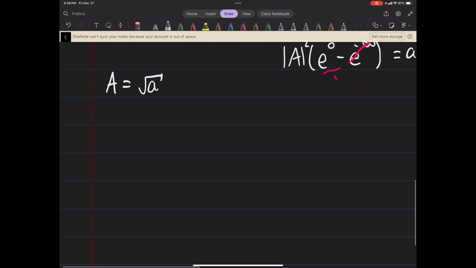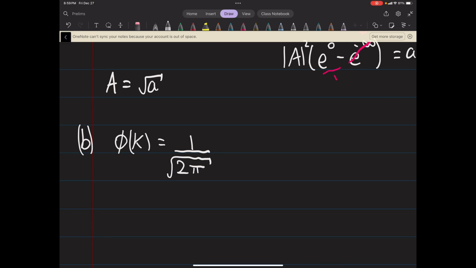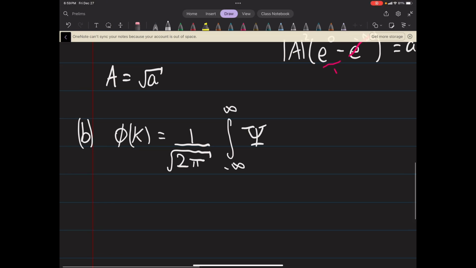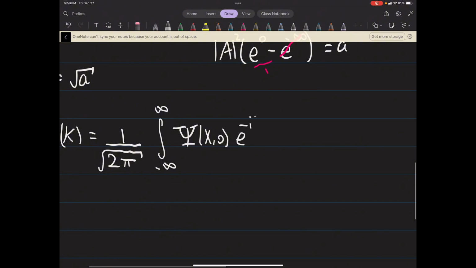Now we want to do this in momentum space, which is what part B is saying. So we're going to follow this formula. Our wave function in momentum space is the square root of 1 over 2 pi times the integral from minus infinity to positive infinity of our initial wave function times e to the minus i kx dx. This is equation 2.104 in the textbook.